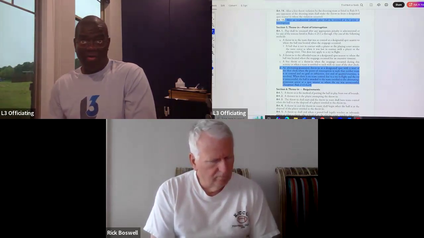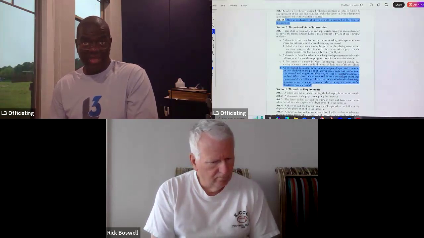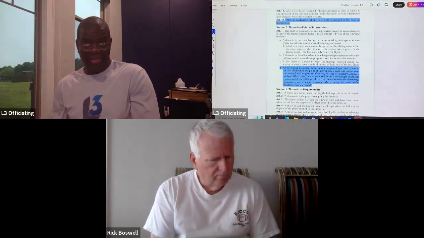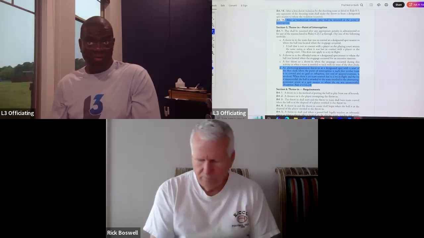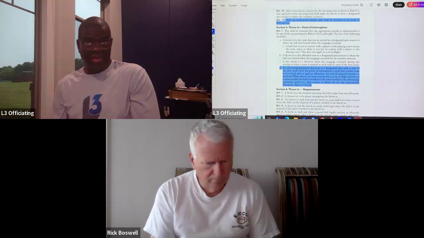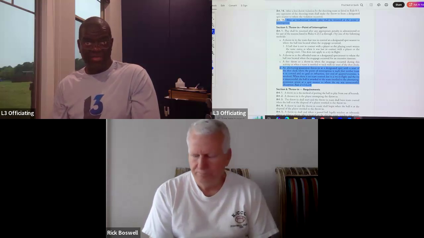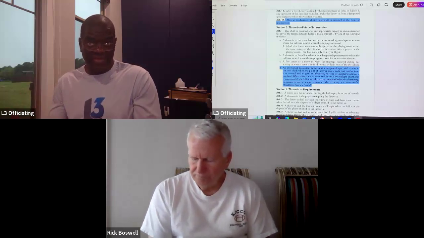D, an alternating possession throw-in at a designated spot with a reset of the shot clock when the point of interruption is such that neither team is in control and no goal or infraction, nor end of quarter or overtime is involved. When there is no team control due to a try in flight and the try is unsuccessful, the ball is awarded to the team entitled to the alternating possession arrow at a spot nearest to where the try was unsuccessful. And there is an exception.